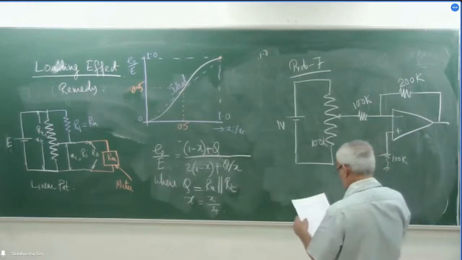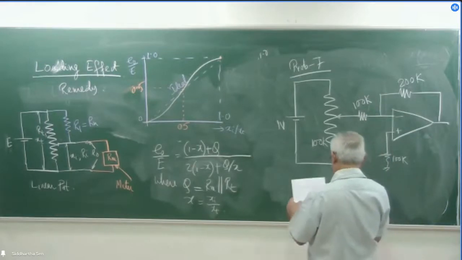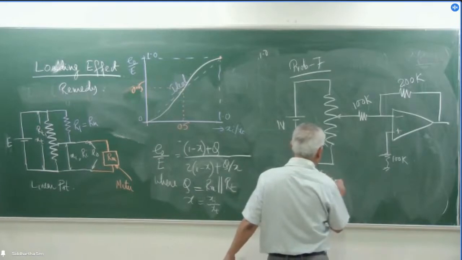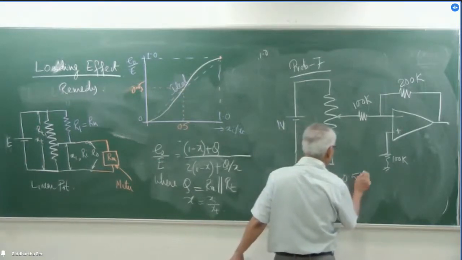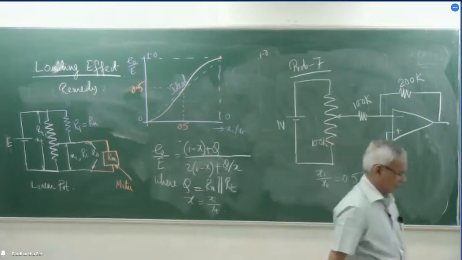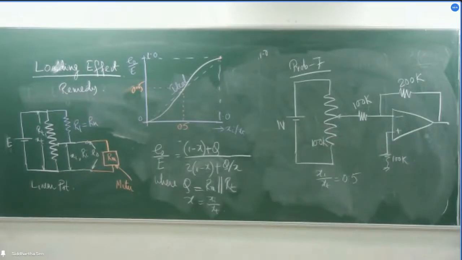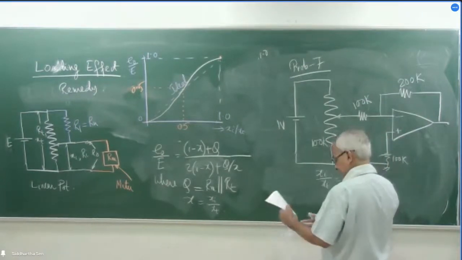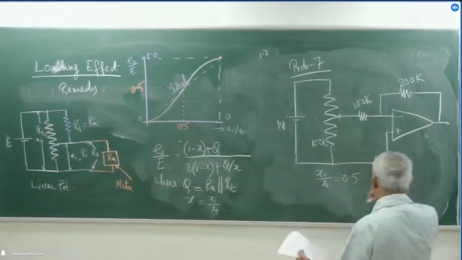It is the point xi by xt. I am just telling that we try to find out the case of 0.5. So it appears that we are doing the same case like this.